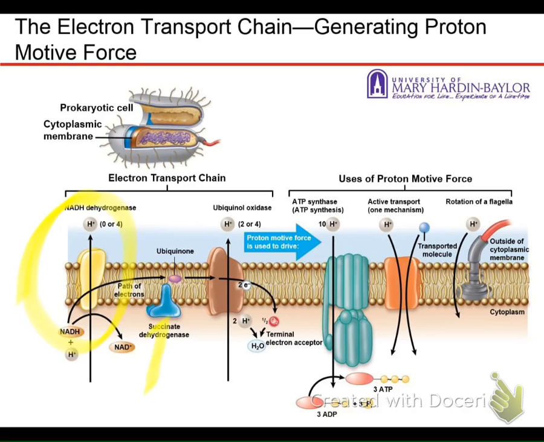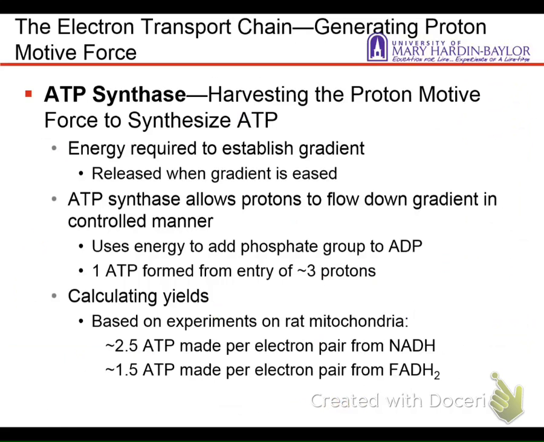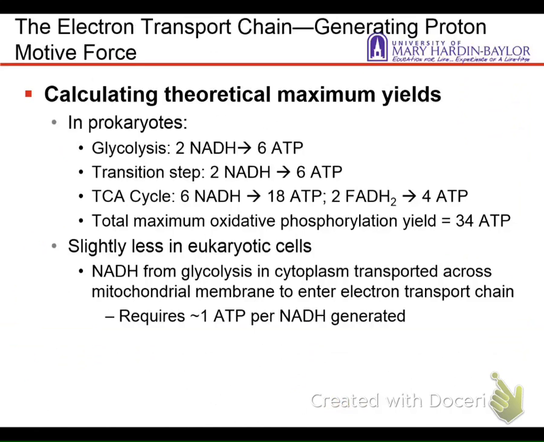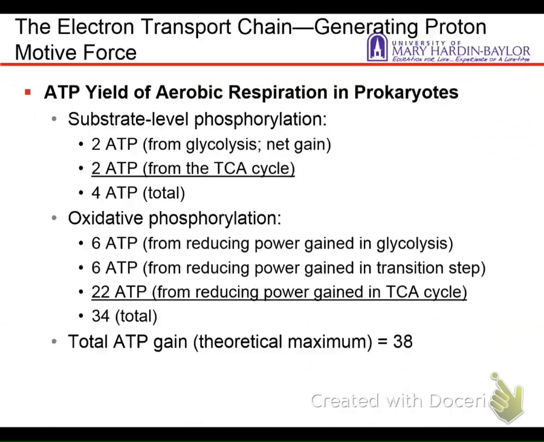Because the electrons feed in right here, they flow through the system this way, and that first electron pump, NADH dehydrogenase, those protons don't get pumped outside of the cell because FADH2's electrons never hit that particular proton pump. Okay? So that's the reason for the difference between the amount of ATP that gets produced from each one of those coenzymes that are electron carriers that can feed into this process.